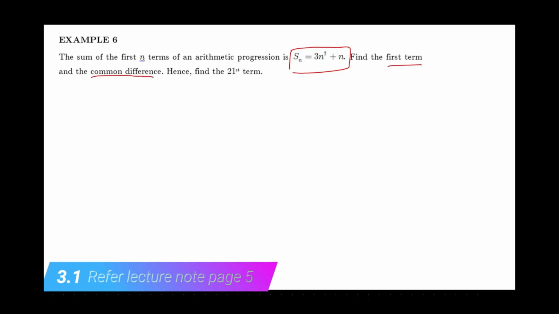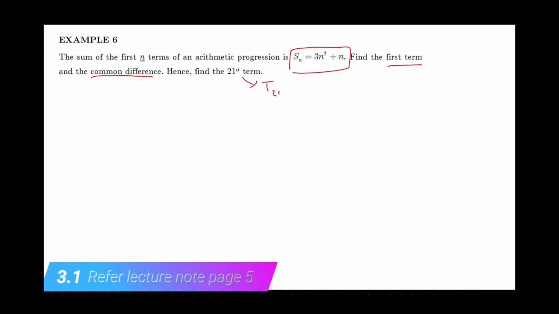So the 21st term here is T21. So as we can see here in example 6, there is no arithmetic series given to us. So we do not know our A and D, but we are given our Sn. So we will just use our Sn throughout our method to solve the question.